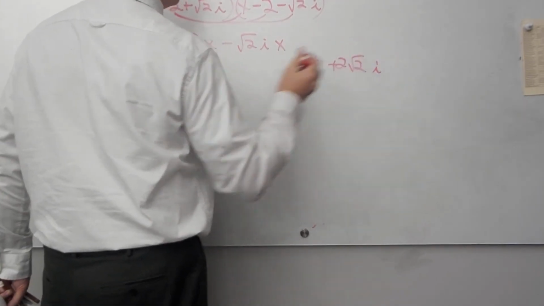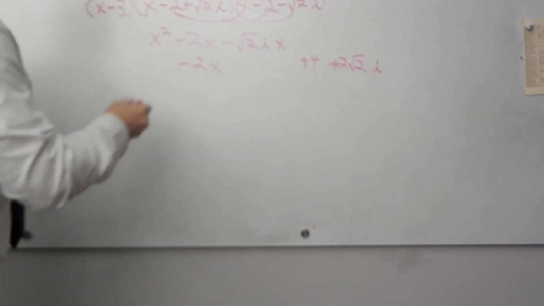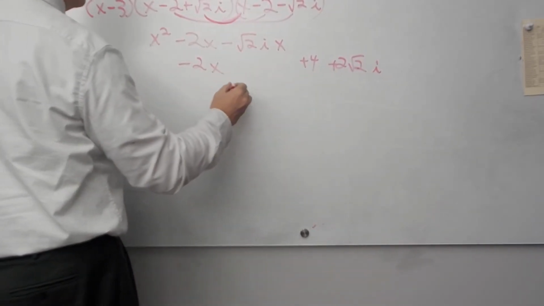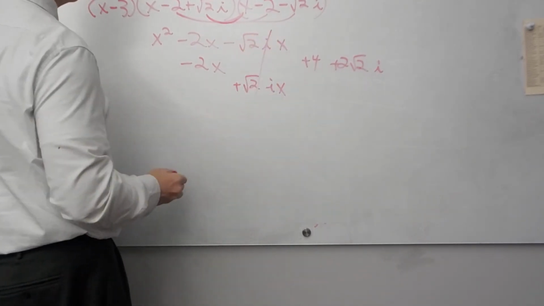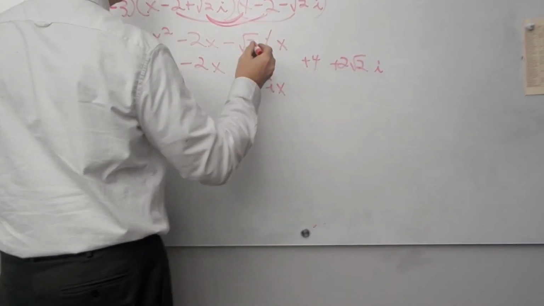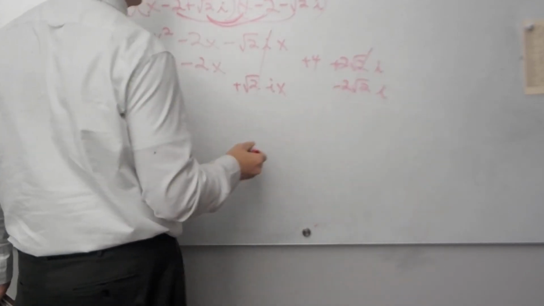And there's an i on that. This times this will give me this. And then this last term, positive 2i radical 2i x. Those two will cancel. Negative 2 radical 2i, those two will cancel.